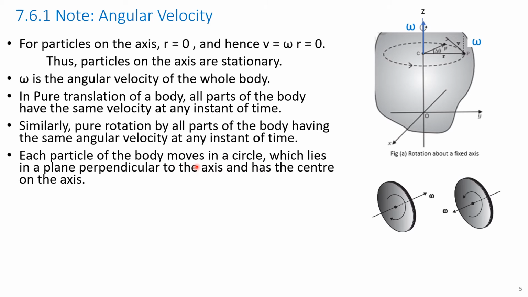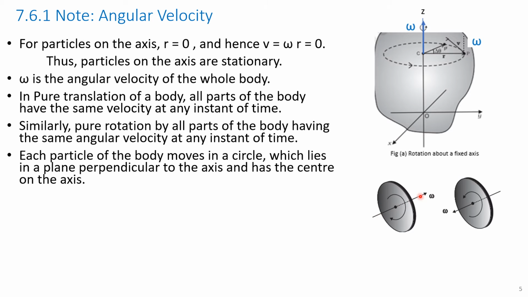Each particle of the body moves in a circle as shown in the figure, which lies in a plane perpendicular to the axis of rotation and has its center on the axis. This is shown here in the figure below also. This is the direction of rotation and the fixed axis is shown by the marked arrow, and the direction of omega follows the right hand rule.